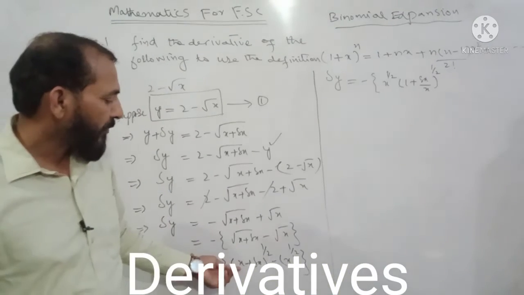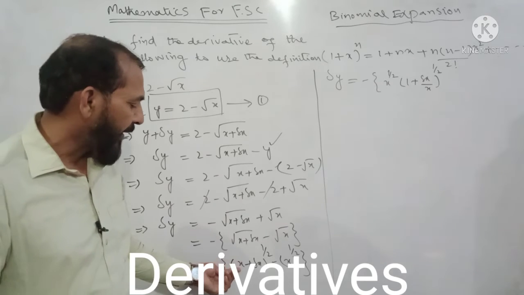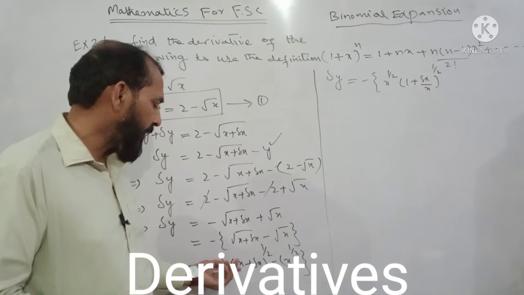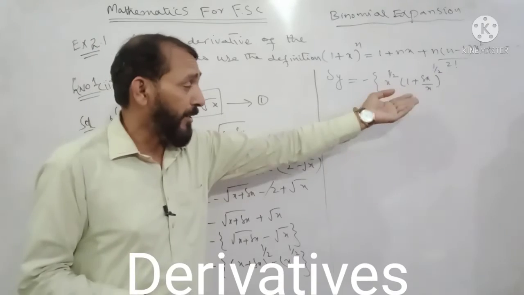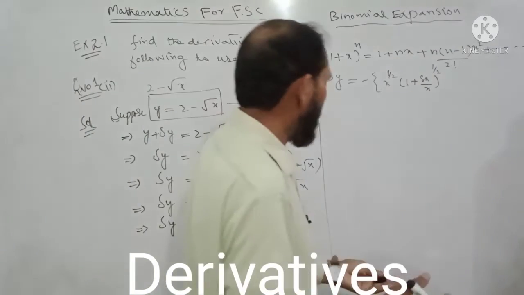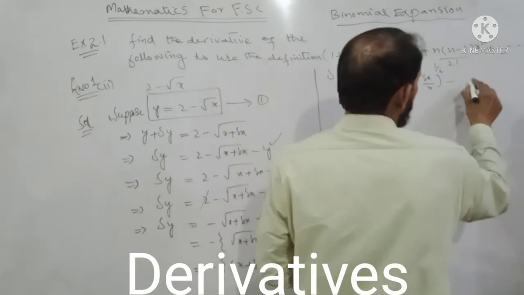When we take x common, here is number 1 and plus del x over x. If we multiply this, the x will cancel. So the last form is this.